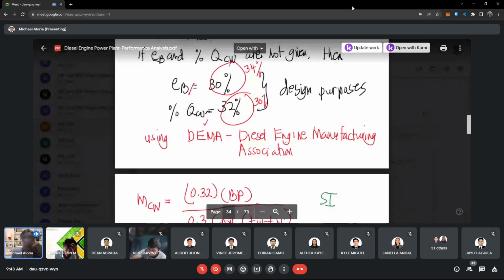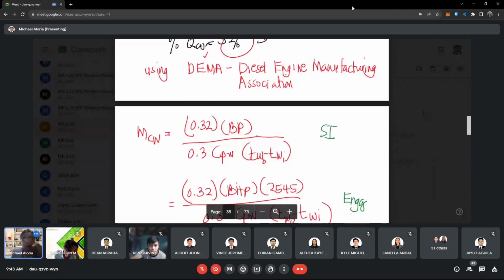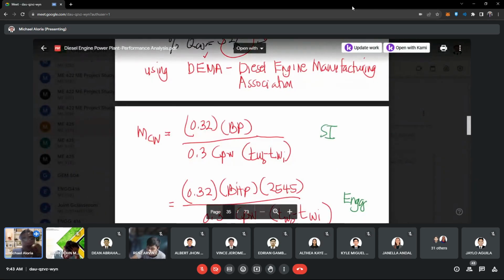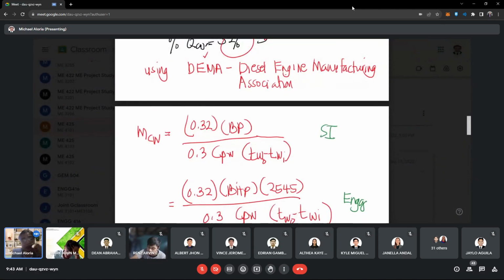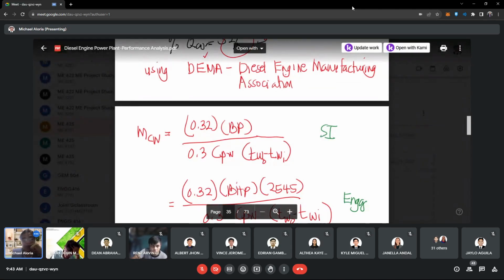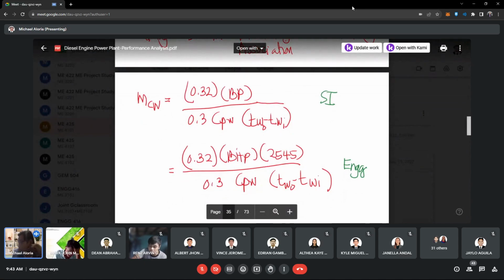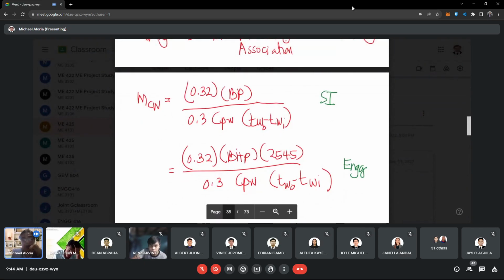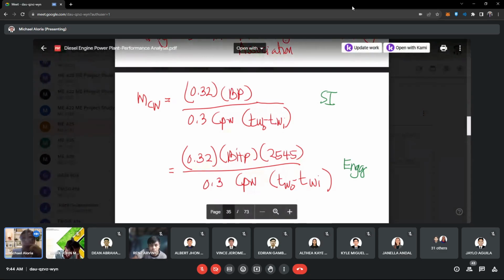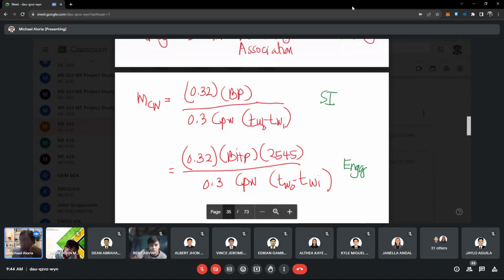Okay, so yan yung isa-substitute mo ngayon sa equation. Percent QCW is 0.32, brake power, EB, 0.3 CPW delta T for SI units. Kapag naman siya ay English units, 0.32 pa rin, BHP, brake horsepower, and then 2545, 0.3 CP delta T. Okay?